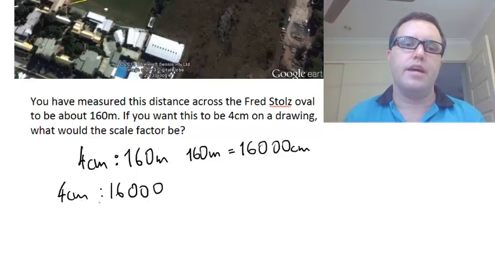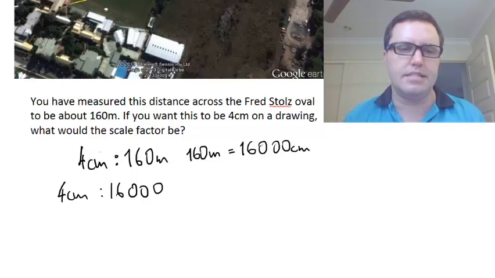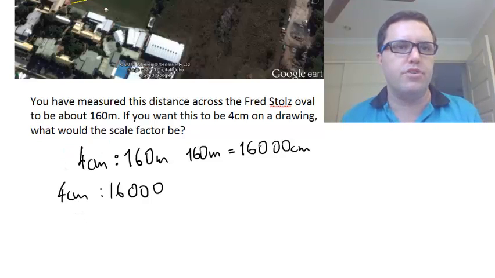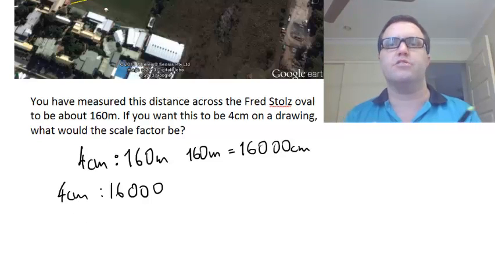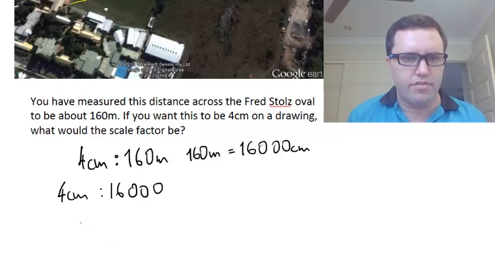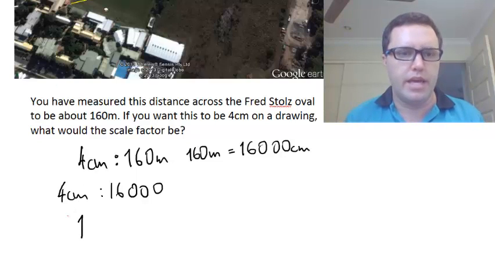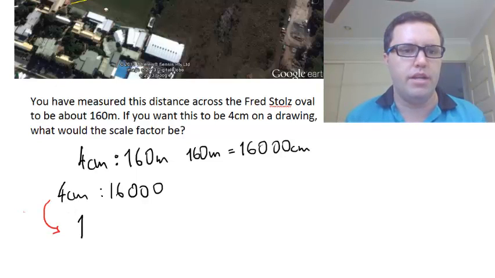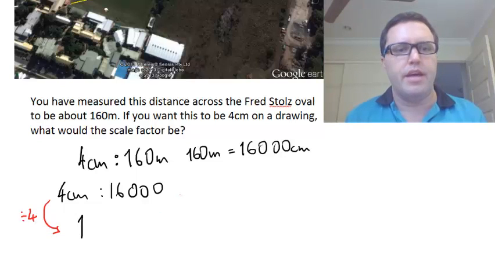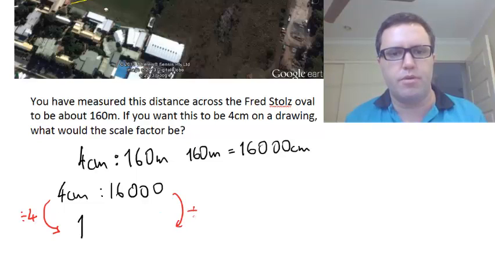Now I've chosen this to be a little bit easy because of 16 and 4, and you'll see why in a minute. We need to try and get this down to our scale factor. So when we have a scale factor, this first part is always going to be 1. Now how do we get 4 to become 1? We're going to divide by 4. So that means to this I've also got to divide by 4.